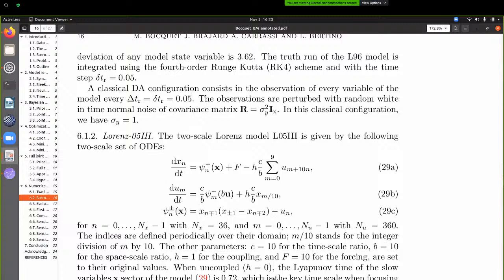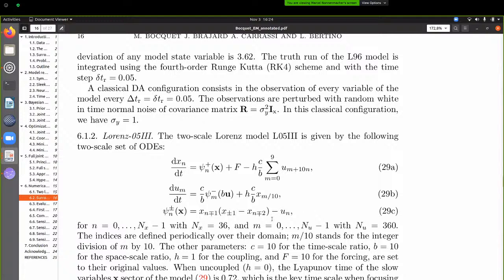So for those of you who recognize this, this is a two-scale Lorentz 96 model, or two-level Lorentz 96 model, how it's sometimes called. If in your heads you translate this funky function in 29C and plug this into here, you get the same equation as we had before. So this is this bilinear term, and this is the exponential decay.